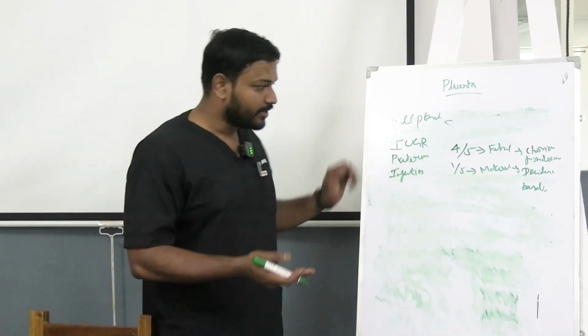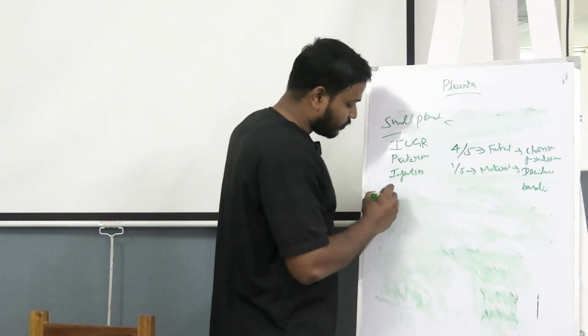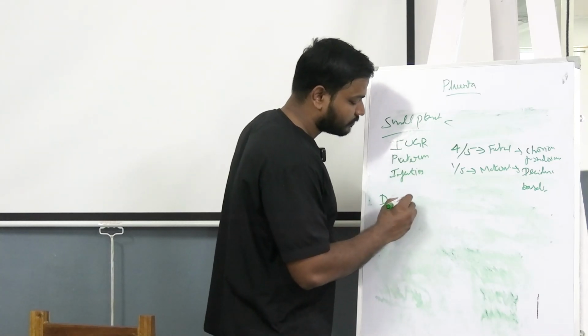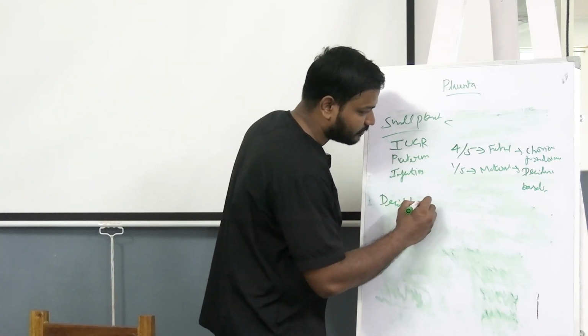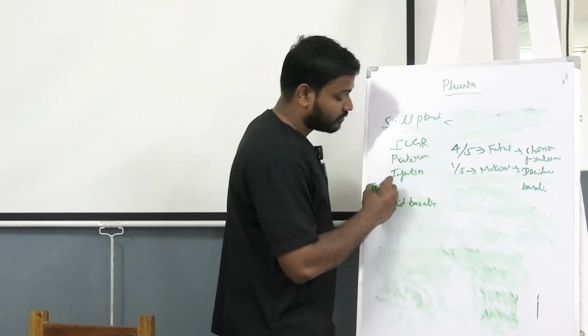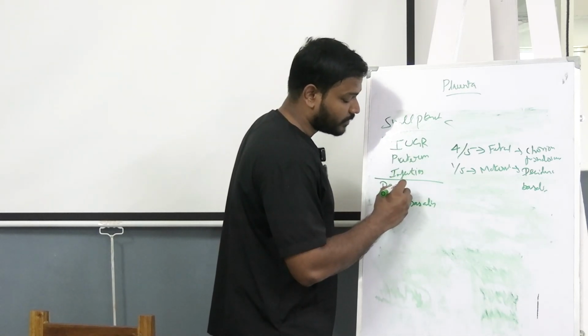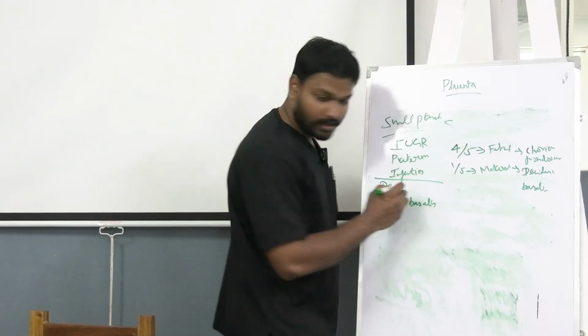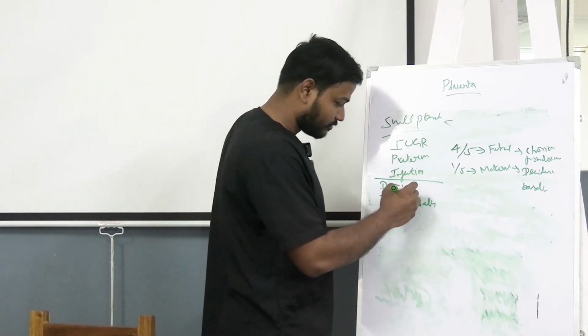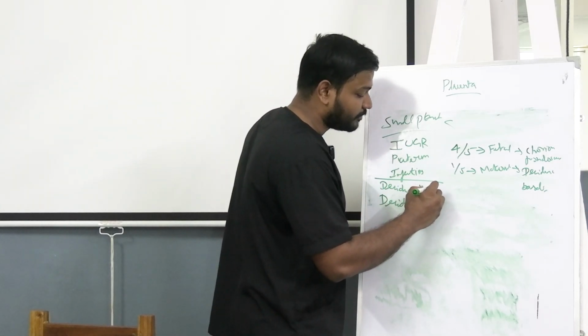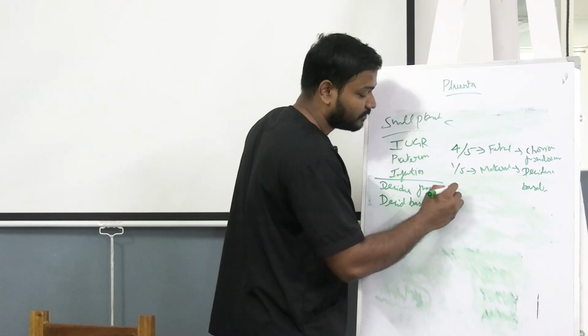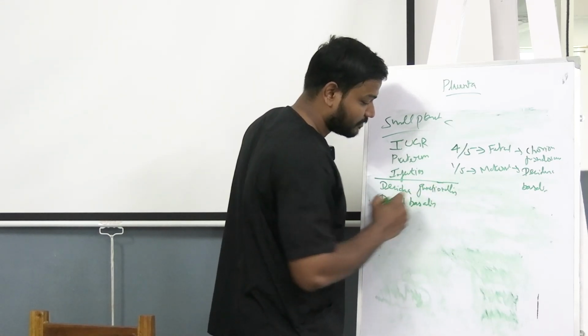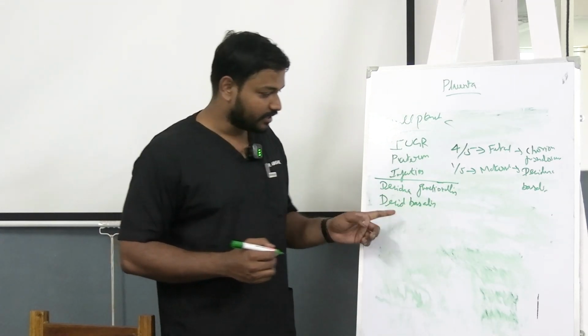The uterine endometrium has two layers. One is decidua basalis, the other is decidua functionalis.